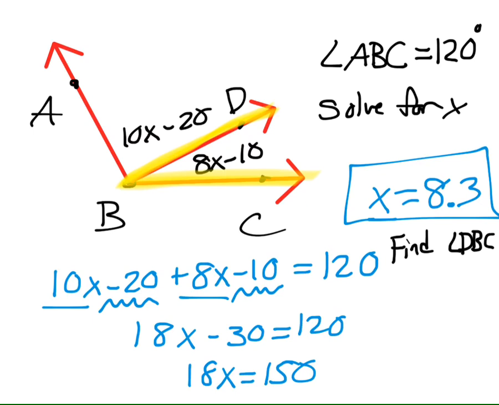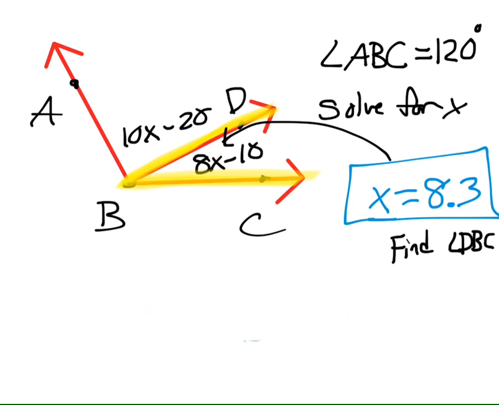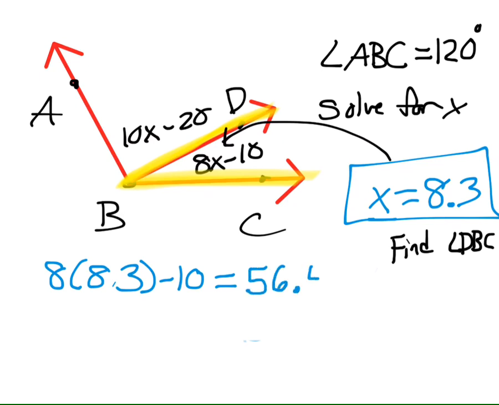Now that I know what x is, I can take that and plug it in to find out how many degrees that angle is, right? So I could take 8 times 8.3 minus 10. About 56 and 4/10. So that's how many degrees this angle is.